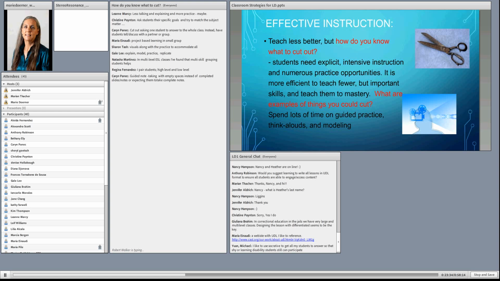The slide I picked really was for think alouds and modeling, because the more you can model the behaviors, the thinking skills that you want the students to have, the better. And the whole think aloud technique is for you not just to do the problem for the student, but tell them what you are thinking about and what's the next step, and how do you know that's the next step, so that you're really teaching them how you think so that they can think.